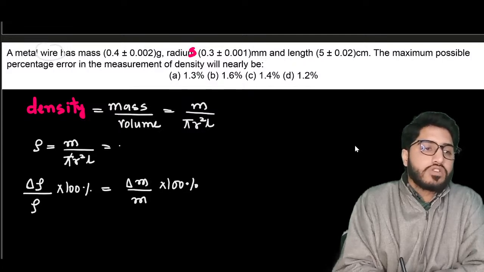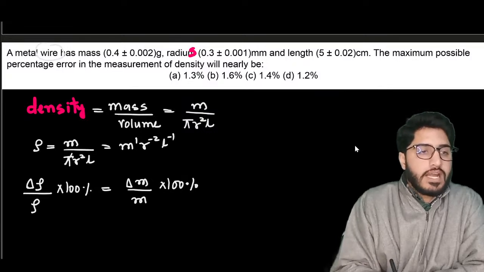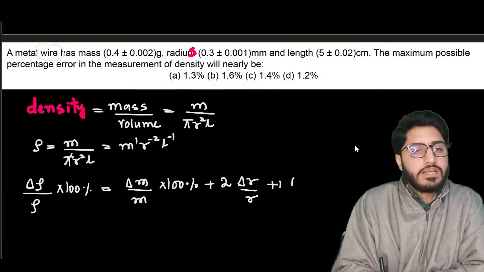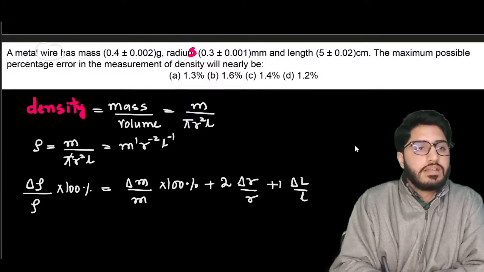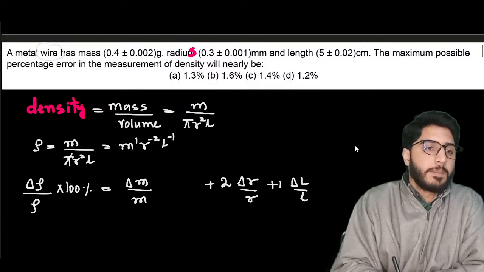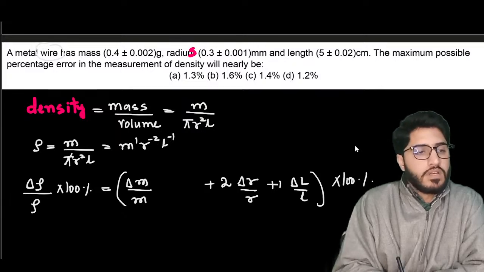I can write it as m to the power 1, r to the power minus 2, L to the power minus 1. Now I can take the 2 like this: plus 2 delta r by r plus 1 delta L by L. I will multiply the whole term with 100 percent.